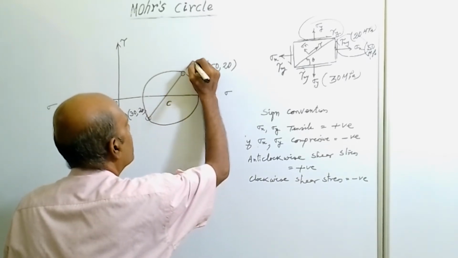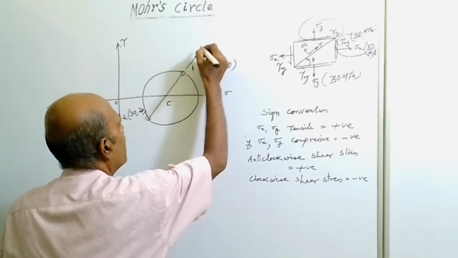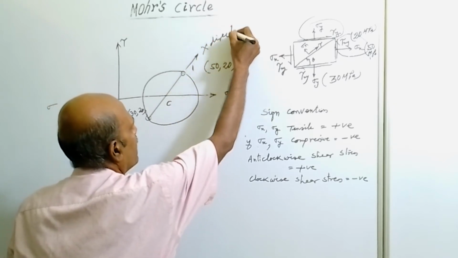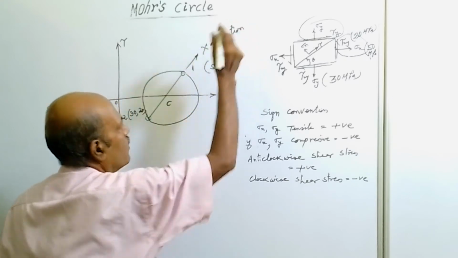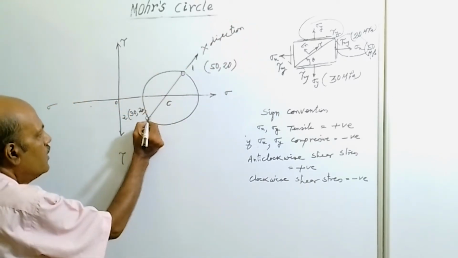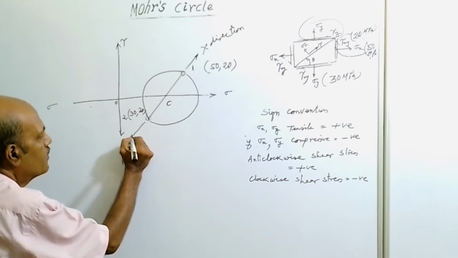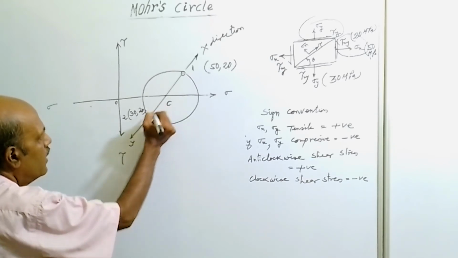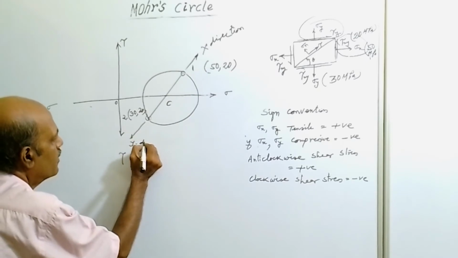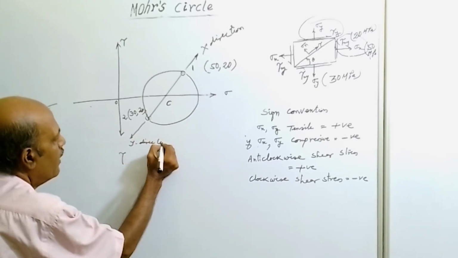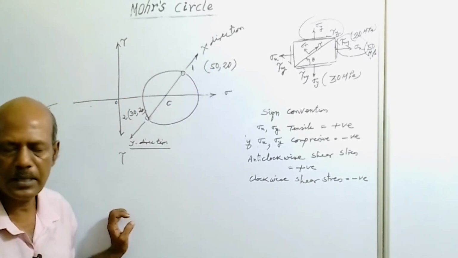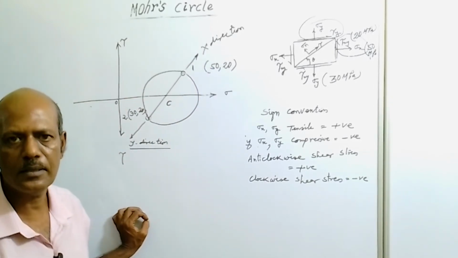Center to this point is called the x direction. And center to the opposite point, extended, is the y direction. We don't require this, we require the x direction.